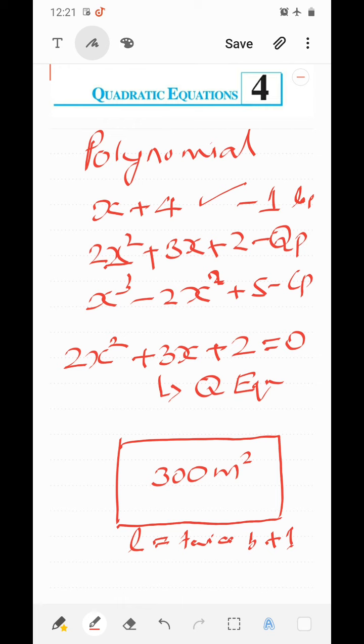Okay, then how can we set up, and what should be the length and breadth of this ground? How can we set up an equation from this?